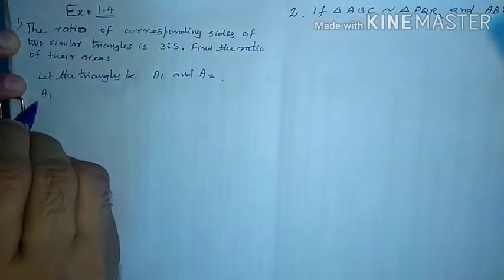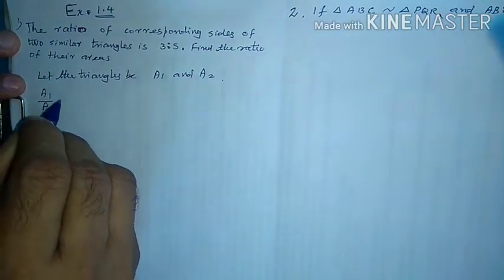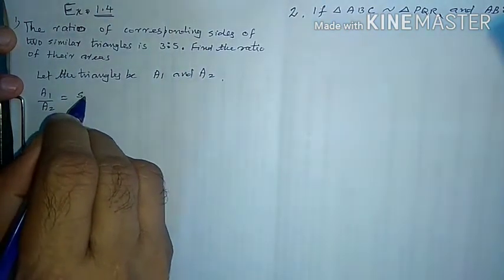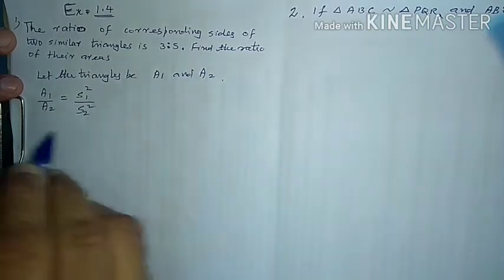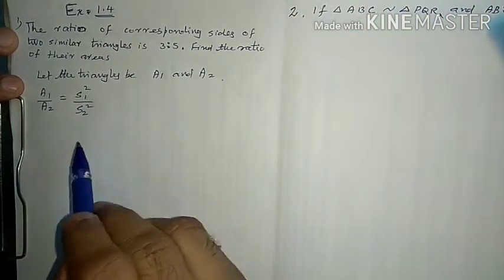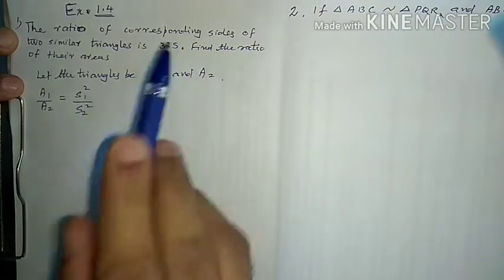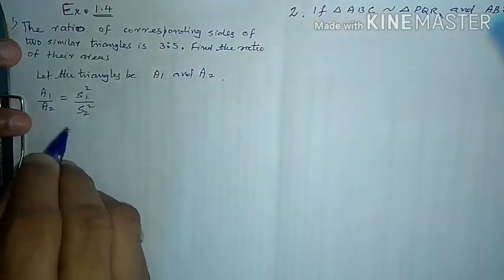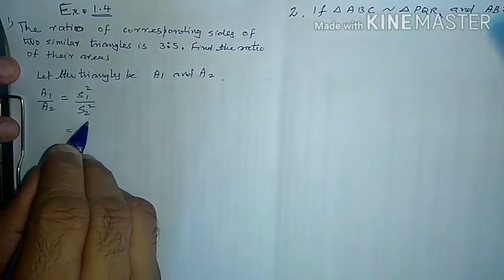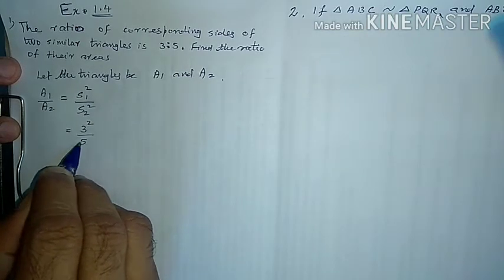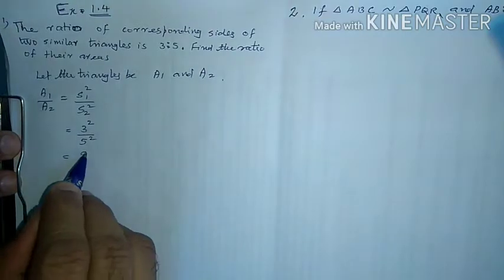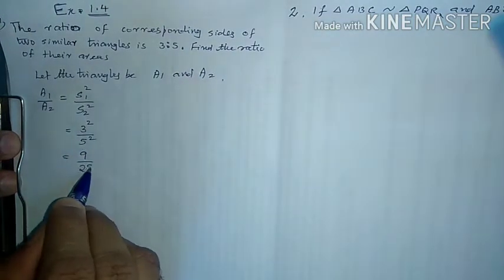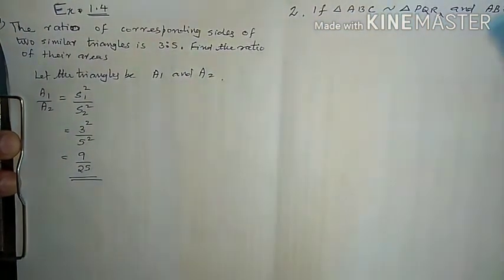So here, A1 upon A2 equal to what? Corresponding sides, S1 square upon S2 square. S1, S2 are corresponding sides. Here given, this is 3:5. 3 square upon 5 square. 3 square is 9. 5 square is 25. That's all. That's the first question. Very easy, very simple.